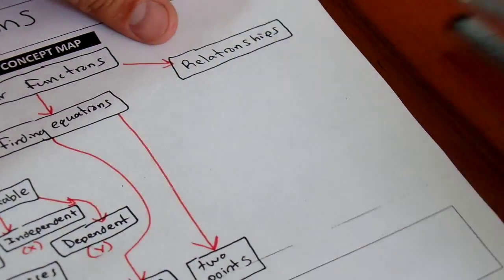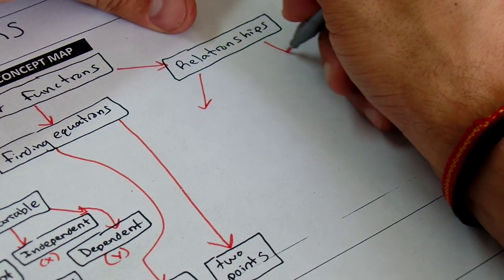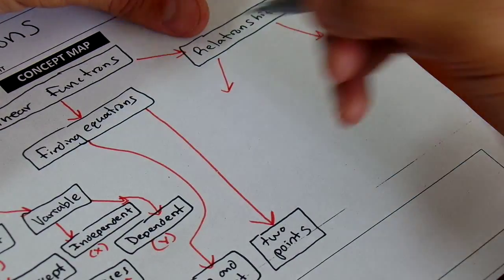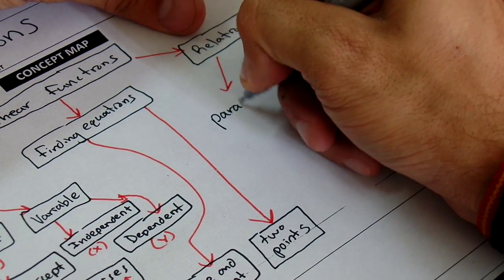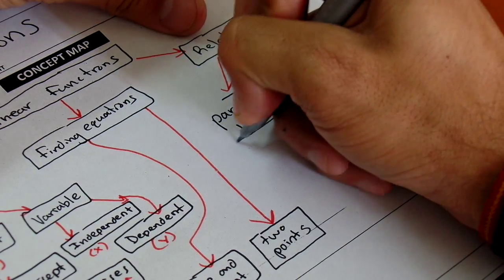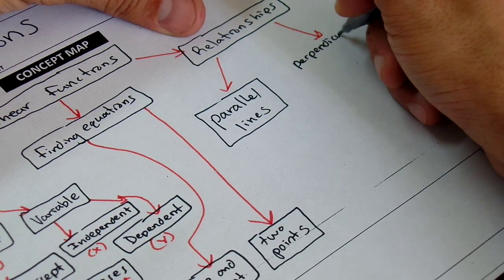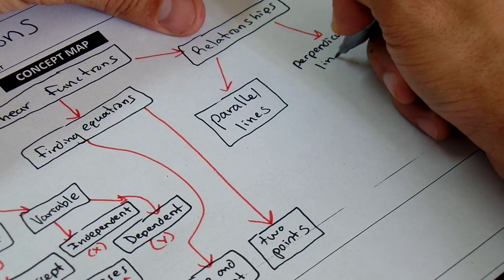And lastly, we have relationship. We have 2 types we're going to look at. Parallel lines and perpendicular lines.